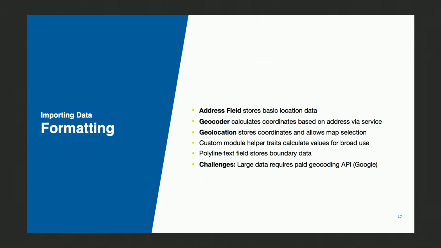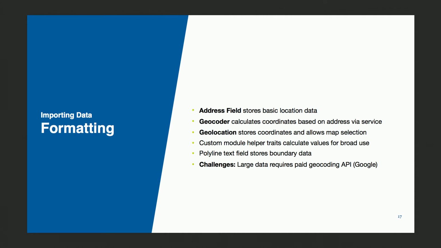We also had a polyline field that needed to store the boundaries of a park for the app, so when people checked in to the park, the app knows whether they're in the park or not, so they deny their points if they're sitting at home.